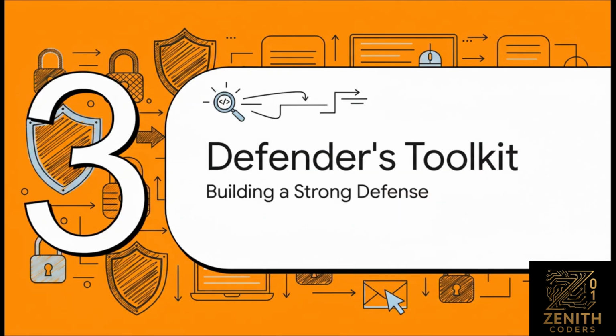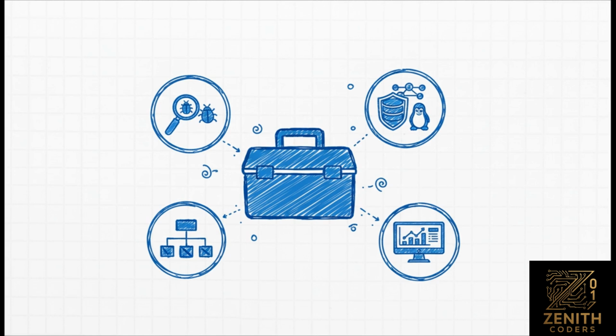Okay, so that's the problem, and it's a big, scary one. So what's the solution? How do we possibly fight back against this stuff? Well, just like the attacker has a playbook, so does the defender. And it all starts with having the right foundational toolkit of skills. This is basically the essential gear. According to the Google cybersecurity certification, a great analyst needs to be a master of network security.